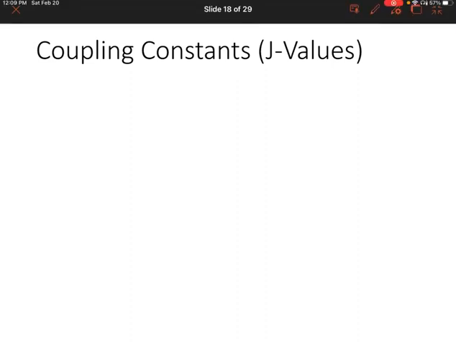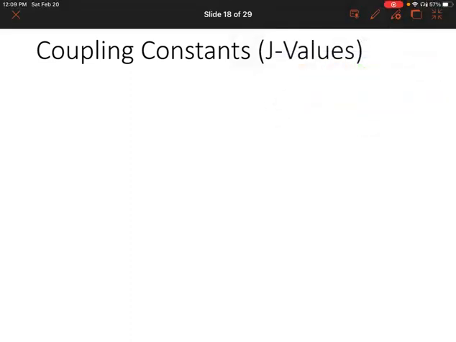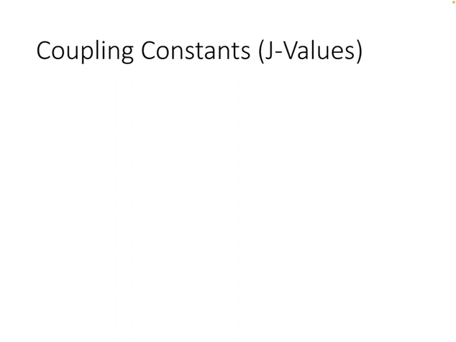So coupling constants, which are also called J values, is the distance between peaks when a peak is split. So let's just write down that definition.